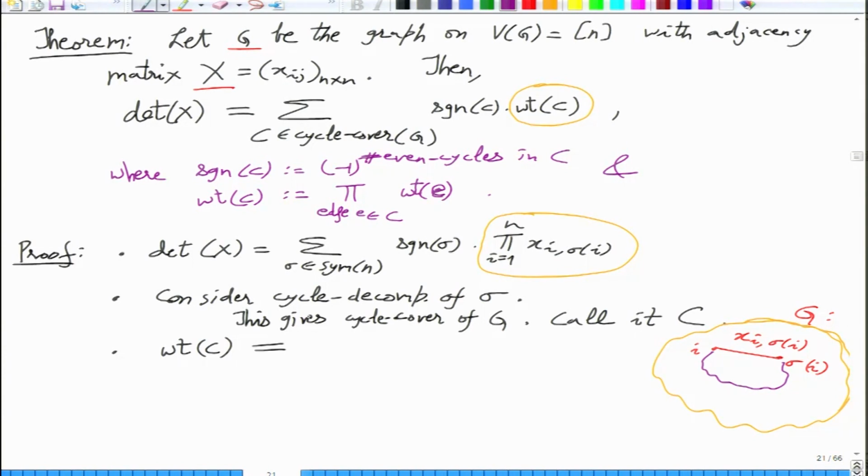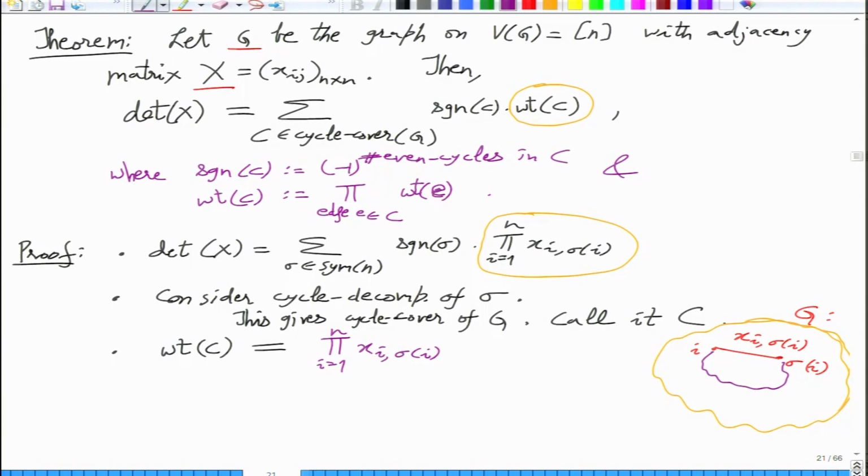So the weight of C is exactly equal to the product of x_{i,sigma(i)}, and since the product is commutative, you will get all the things from i=1 to n. You can write in this order, but they will be clustered according to cycles in this proof, and then you reorder them because multiplication commutes.